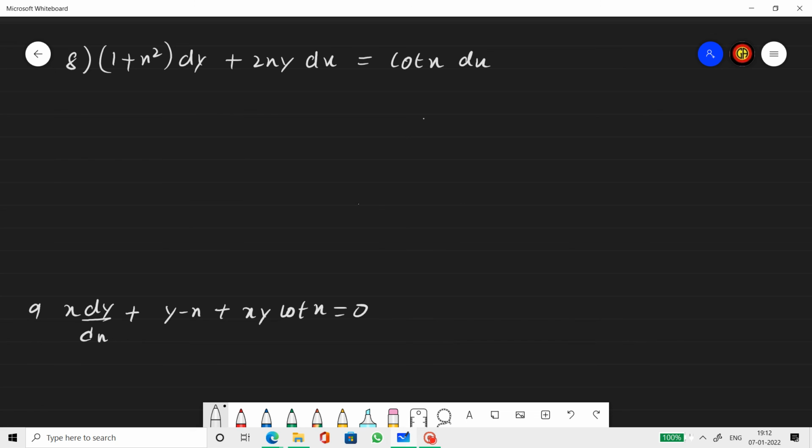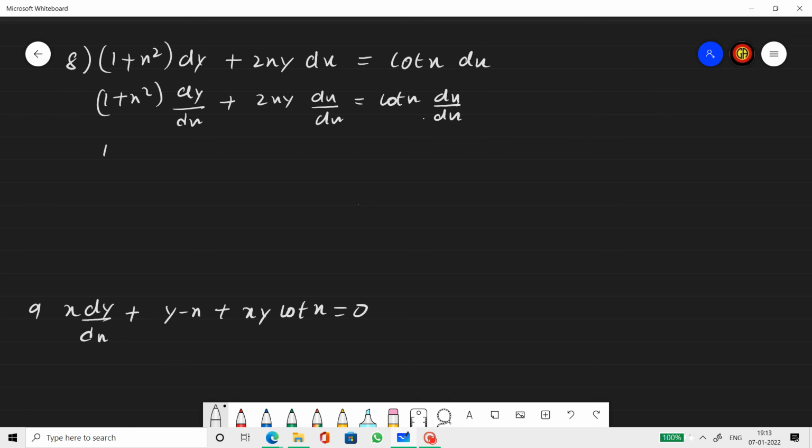So here, it's not directly in the standard form, so first divide by dx. So 1 plus x square, I'm dividing with dx, so dy by dx plus 2xy dx by dx, which is 1, and cot x dx by dx is 1.